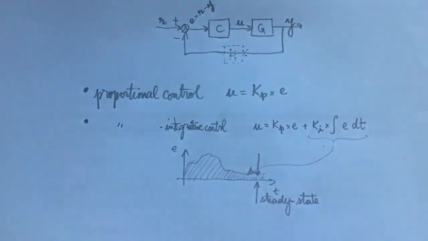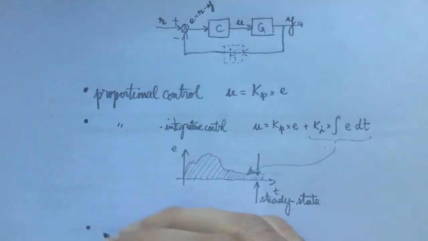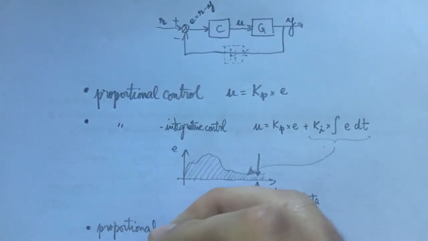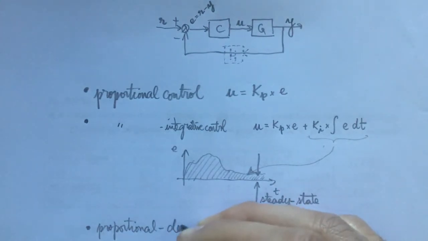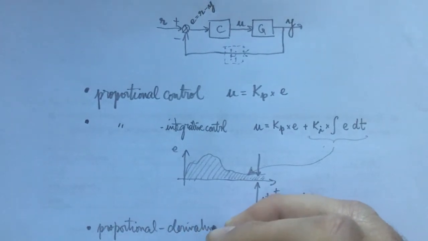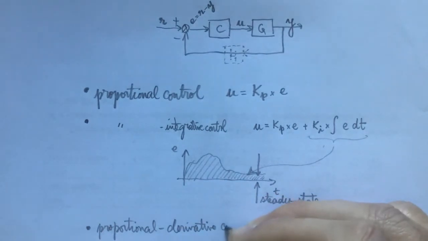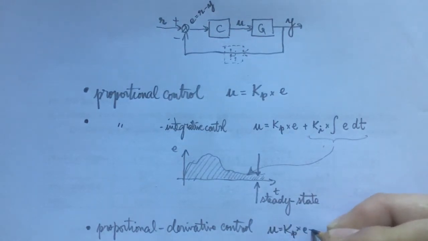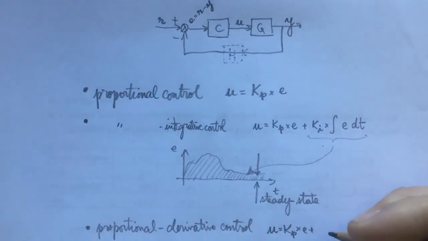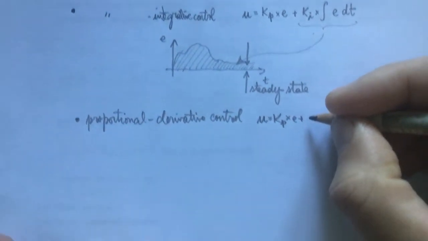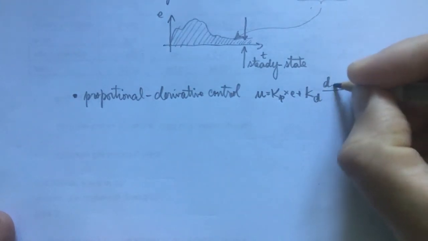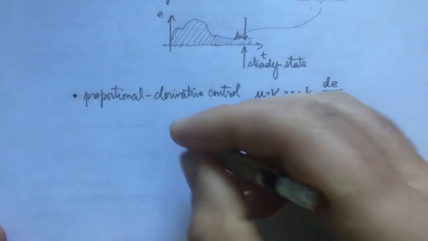never become zero. Another variation is called proportional derivative control or proportional differential control. In this case, rather than adding to our proportional control a term which is proportional to the integral, we add a term which is proportional to the derivative of the error in order to time.